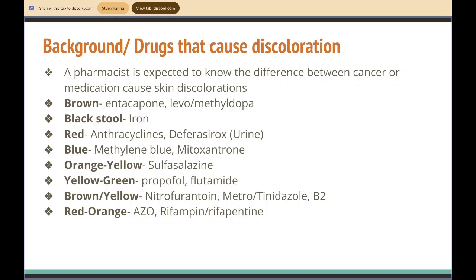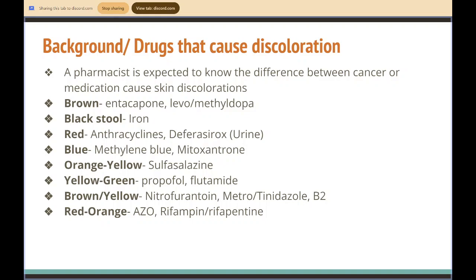So some of the common discolorations: iron causes black stool, red secretions, anthracyclines, and your urine can change into a reddish tinge if you're on deferasirox. Blue, methylene blue, or mitoxantrone. And mitoxantrone is actually a misnomer because it's also an anthracycline.